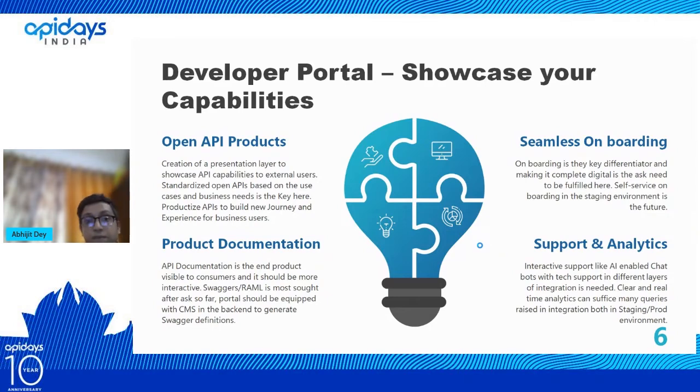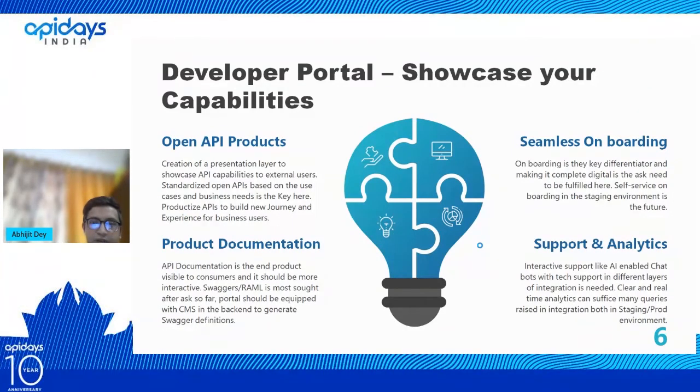Open API products are the products which we have built for our third-party consumers, and it gives a native experience. It's a presentation layer. Basically, all the internal APIs are getting externalized here with a bit more new orchestration and a bit more new journey, but we are creating a new product suite out of it, right?